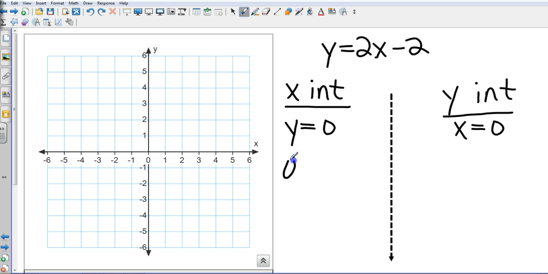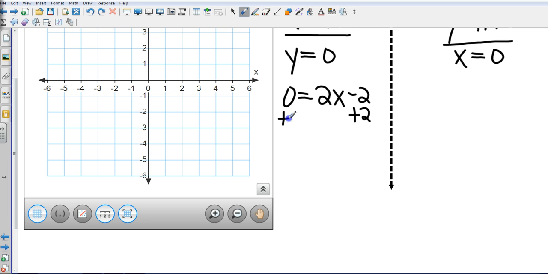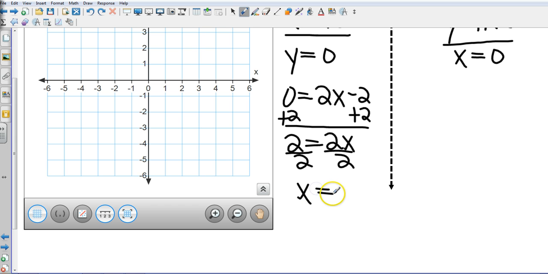So that gives me 0 equals 2x minus 2. I'm going to add 2 to both sides. So that gives me 2 equals 2x. Divide both sides by 2. x equals 1.